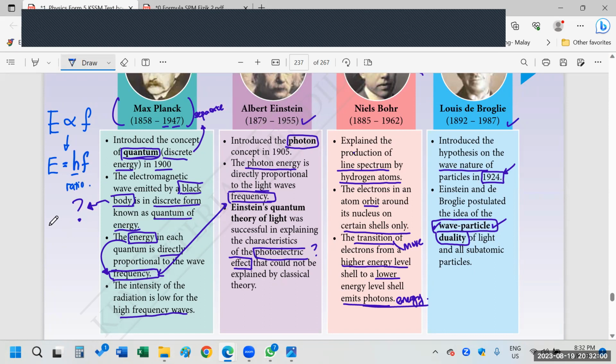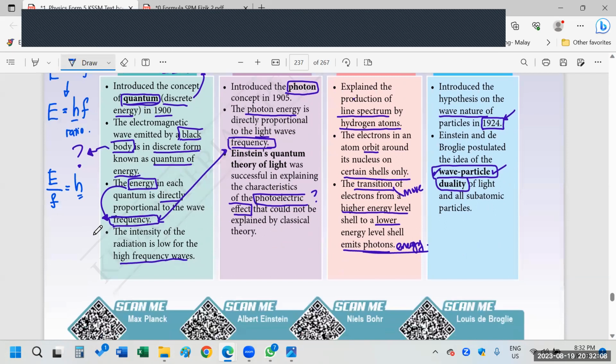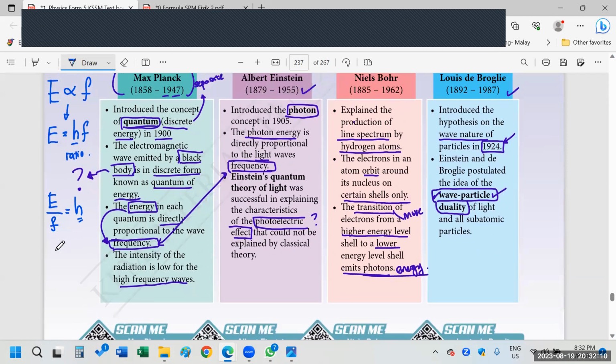So whatever E divided by F will equal a constant number, a ratio. You learned this since when? Since form 2, the circle. Circumference equals 2 pi r. Actually, circumference equals pi d.